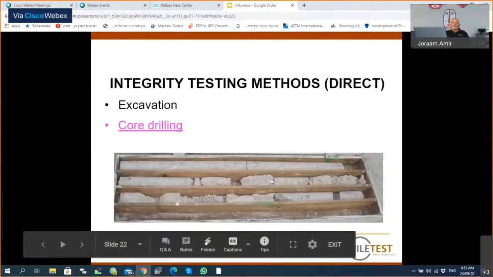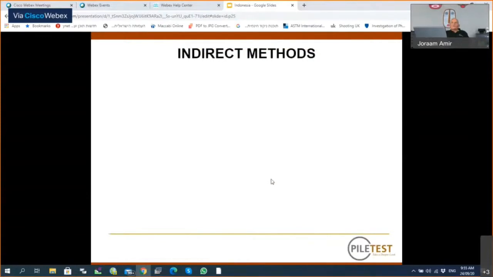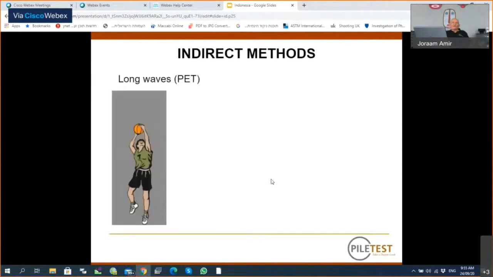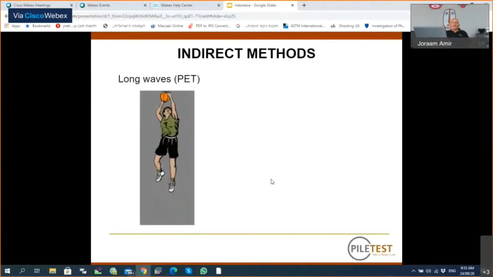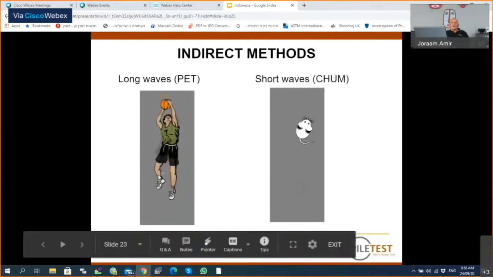In addition, we have the indirect methods. And here we have two families of methods. We have long waves and we have short waves. On the left, we see how the long wave behaves in the pile.